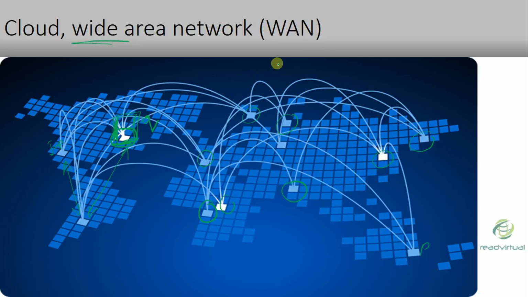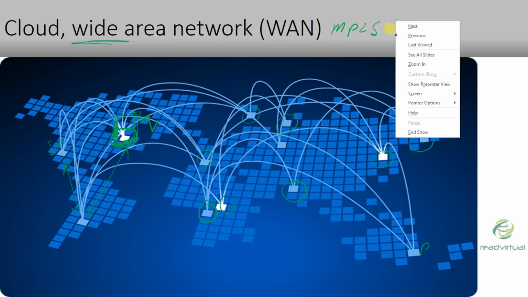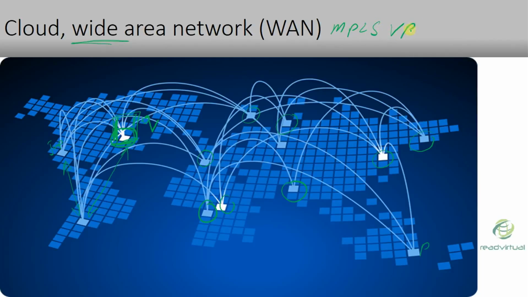This WAN connectivity may be via MPLS VPN. Here maybe we have our MPLS VPN cloud. Or we are using, like nowadays, a hybrid technology, a combination of the internet and MPLS VPN. It's very hot cake nowadays in the industry.